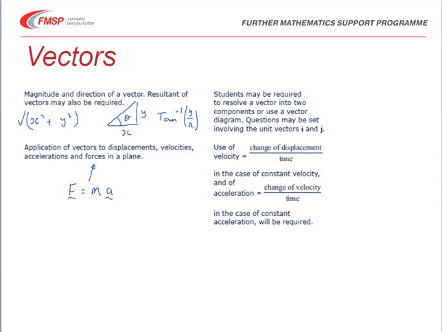It also mentions the idea that vectors may be set in terms of i and j components. It will quite often be in context, so i and j may well be along the easterly axis and the northerly axis if we're talking about something in bearings. So i and j are just the unit vectors, and they will be defined in each question.